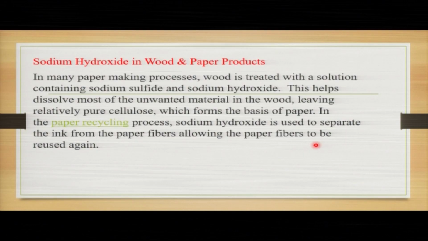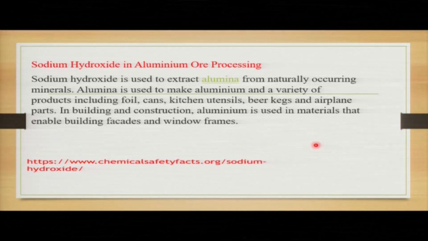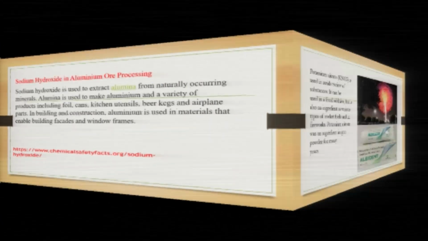Newspaper companies recycle papers and use them again, so they use sodium hydroxide to do such work. In the production of aluminum, in the extraction of aluminum, sodium hydroxide is used.